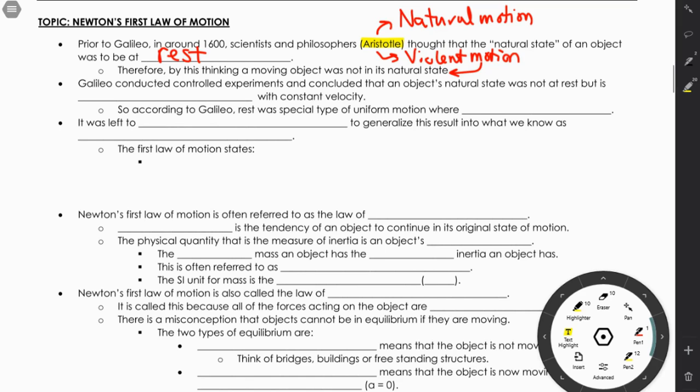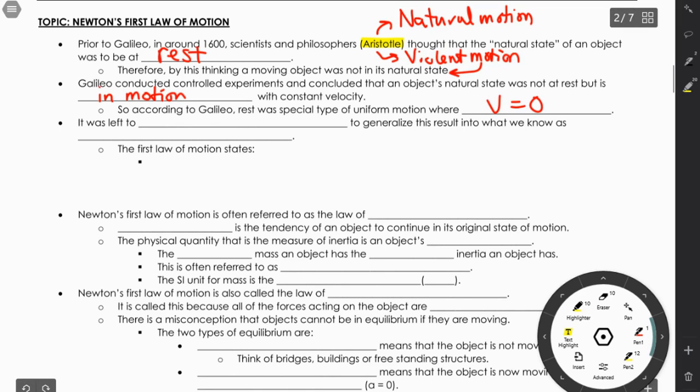What Galileo concluded was that an object's natural state was not at rest, but in motion, moving with constant velocity. According to Galileo, rest was actually a special type of uniform motion where the velocity was zero.